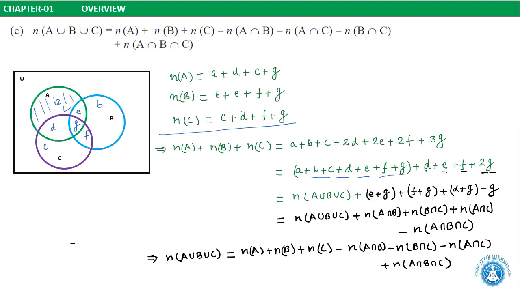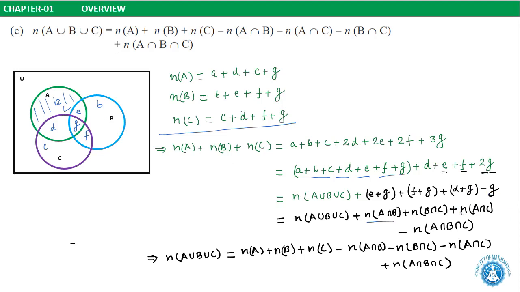Plus the remaining d, e, f and 2g, so we can write e plus g, which represents the number of elements present in the intersection of A and B, and f plus g will represent the number of elements present in the intersection of B and C, and d plus g, we are deficient by g here, so we will add and subtract as we have done earlier.